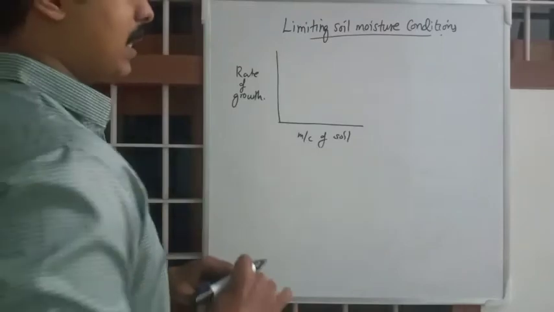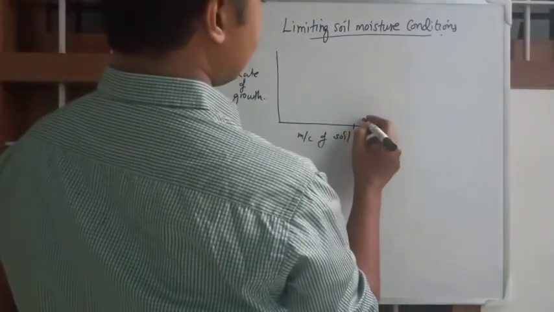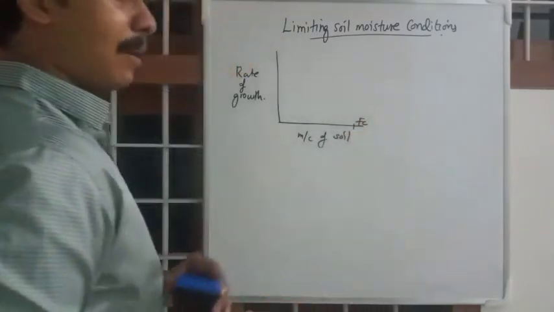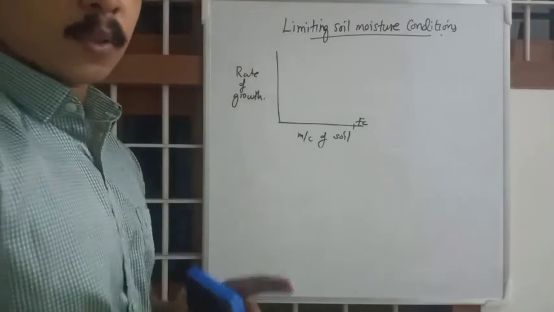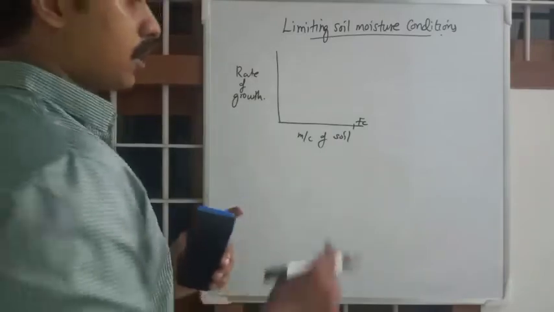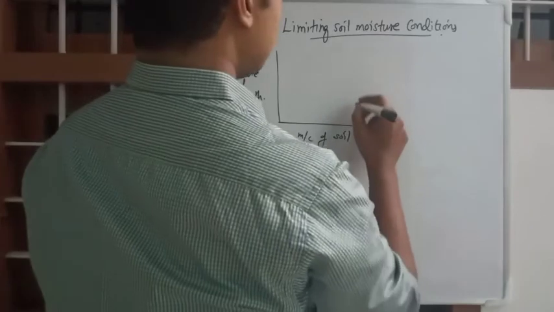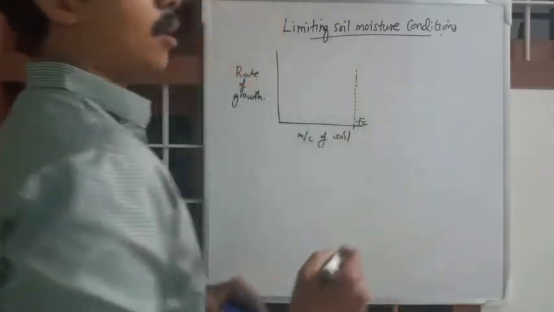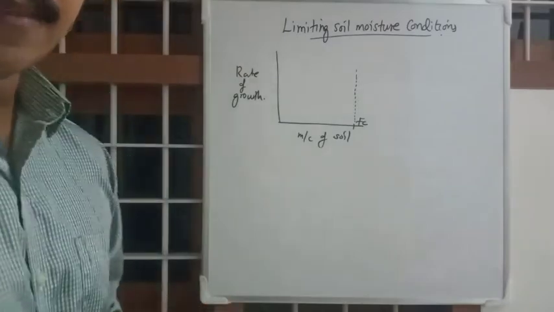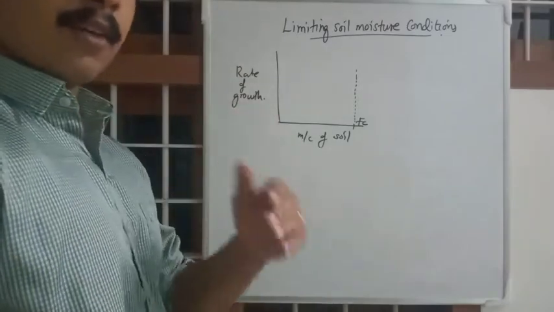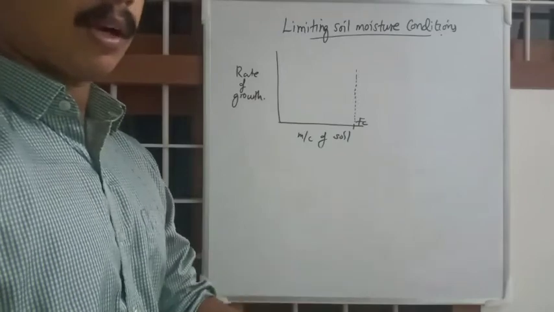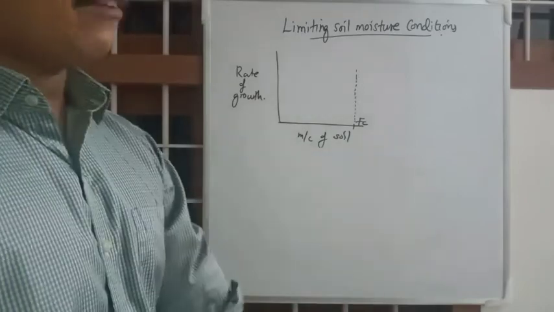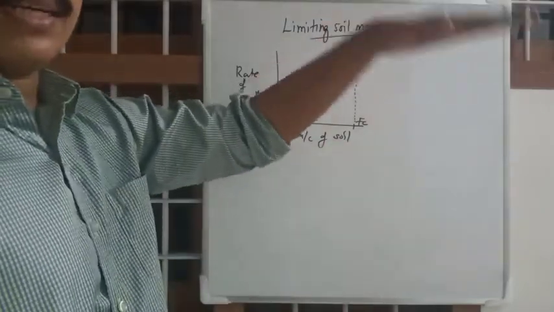As we know, FC, field capacity, one of the soil moisture constants, is the upper limit of moisture content for irrigation. If we are doing irrigation, we are pouring water, we will be filling up water till FC.